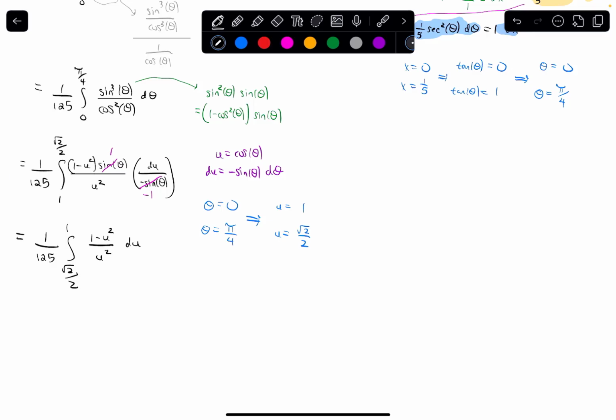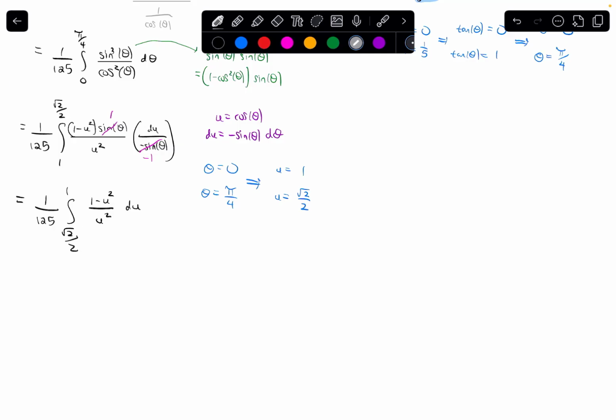Okay. So we are almost at a point where we can do this. I just have to simplify this fraction. So I can split this up as 1 over u squared minus u squared over u squared. And that u squared over u squared just becomes 1. So now I'm ready to do the antiderivative. We got 1 over 125, big old bracket.